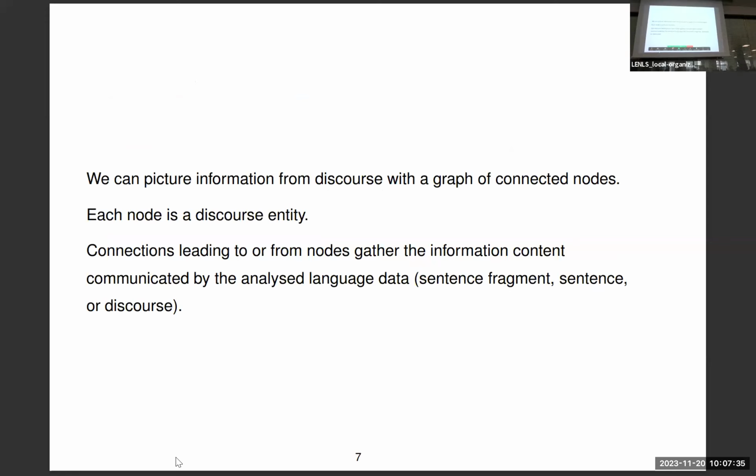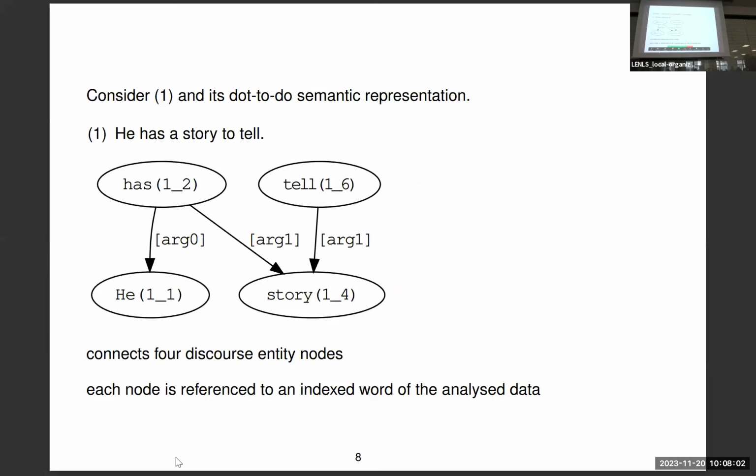Okay, so how can we picture information from discourse with a graph? Well, that's what we're going to be doing. Each node of the graph is a discourse entity. The connections leading to or from the nodes gather the information content that's communicated by the language data. The language data can be a sentence fragment, a sentence, or indeed a full discourse.